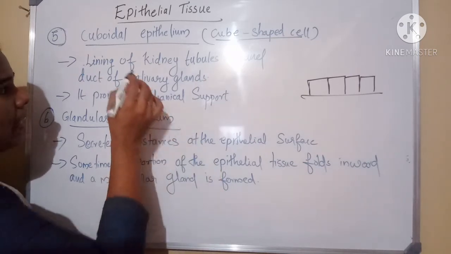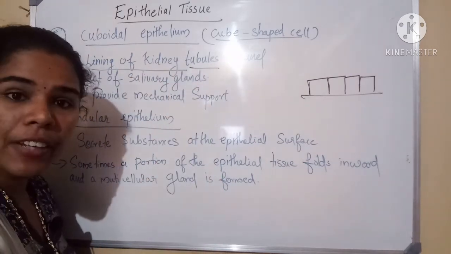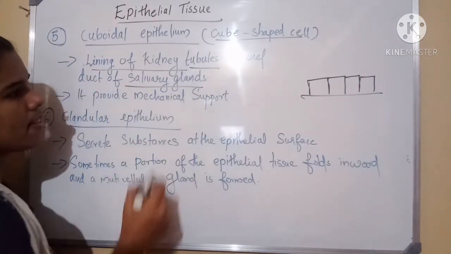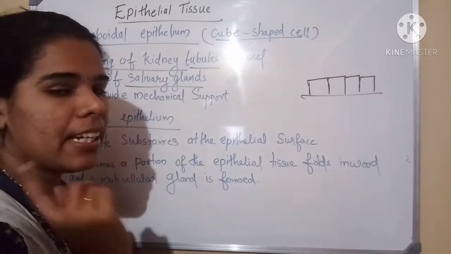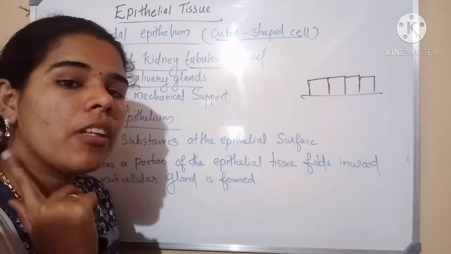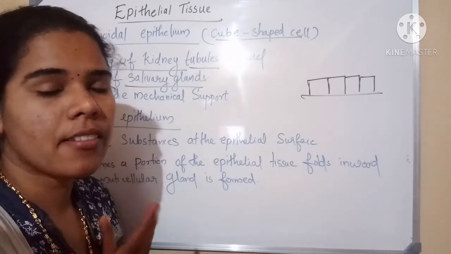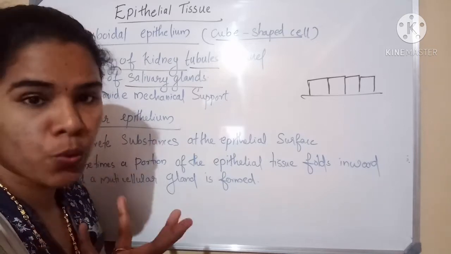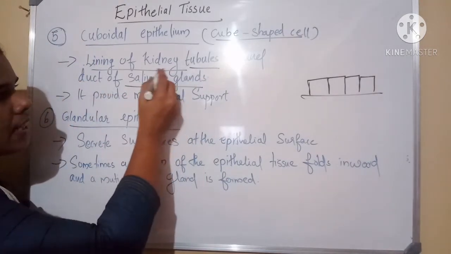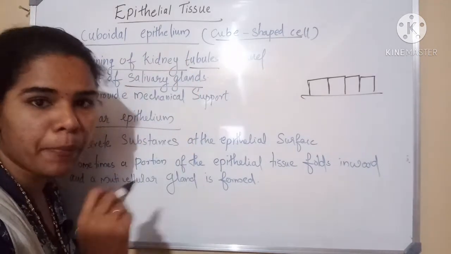This cuboidal epithelium is mainly seen in the lining of kidney tubules and the ducts of salivary glands. We know saliva is produced especially in the mouth, and saliva helps to digest food items and chew well. So in the ducts of salivary glands and kidney tubules, we can see this cube-shaped epithelium.